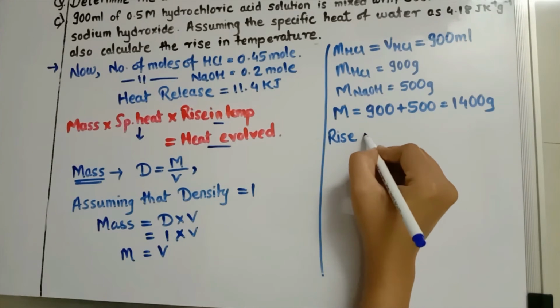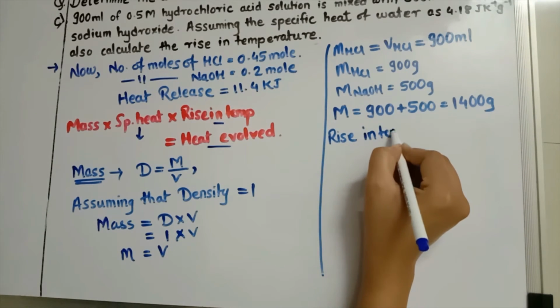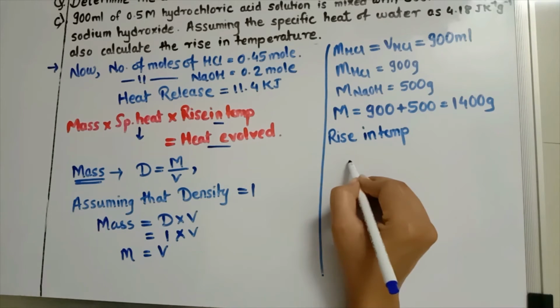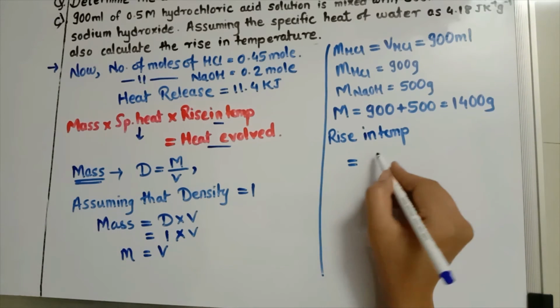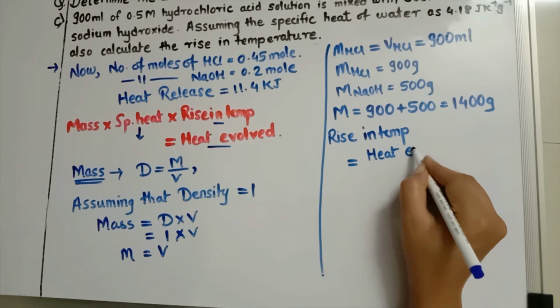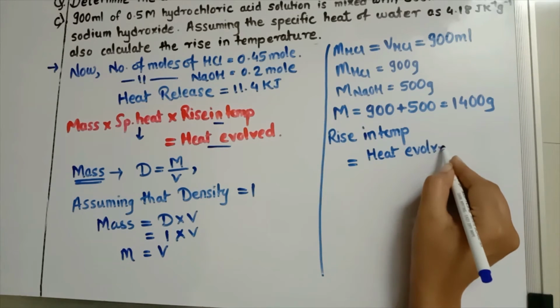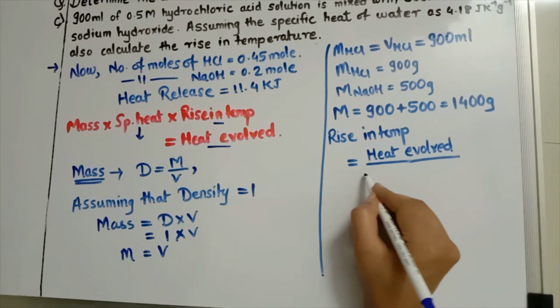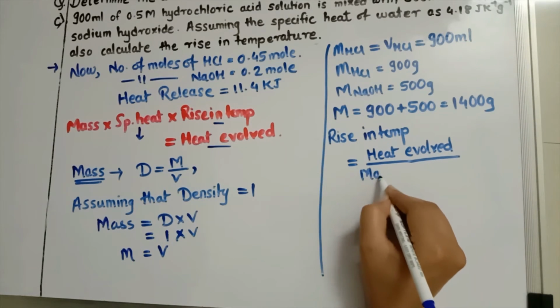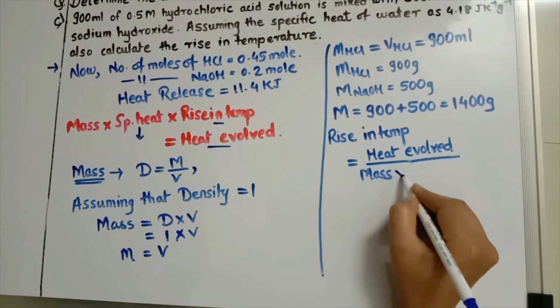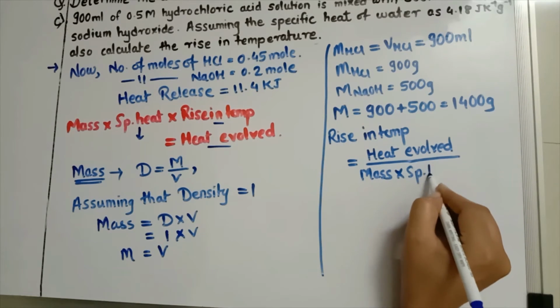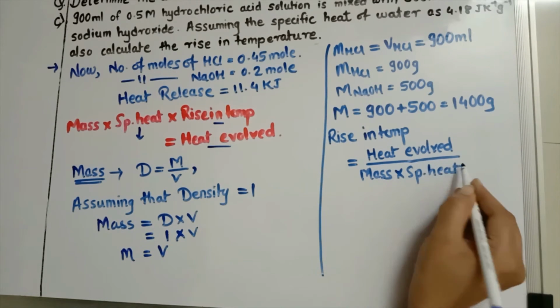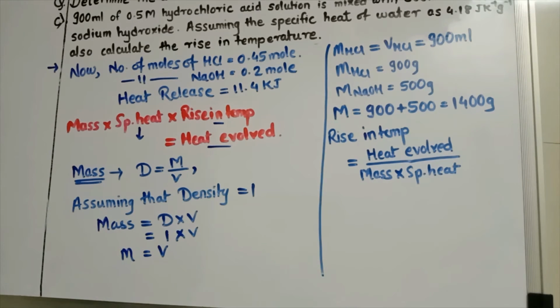Okay, so now rise in temperature is equal to heat evolved upon mass into specific heat. Okay.